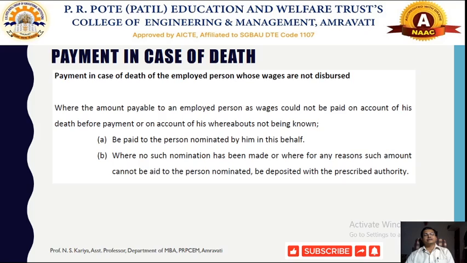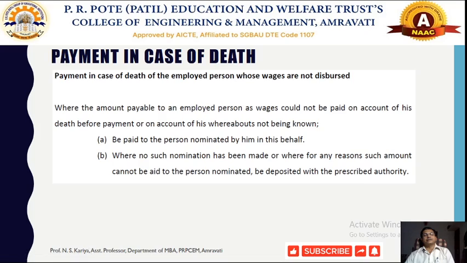Now this is the special case related to payment in case of death of the employee. If the person has died, the employer cannot directly make the payment of wages to the bank account of that particular deceased employee. So there is a provision that in case of death of the employee, his remaining monthly wages will be paid to the nominee, or where such nomination has been made but for any reason the amount cannot be paid to the person nominated, it will be deposited with the prescribed authority.